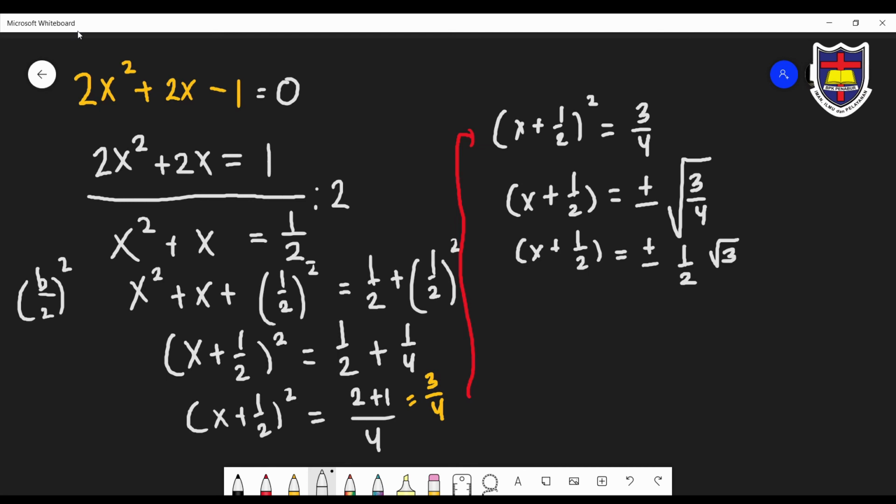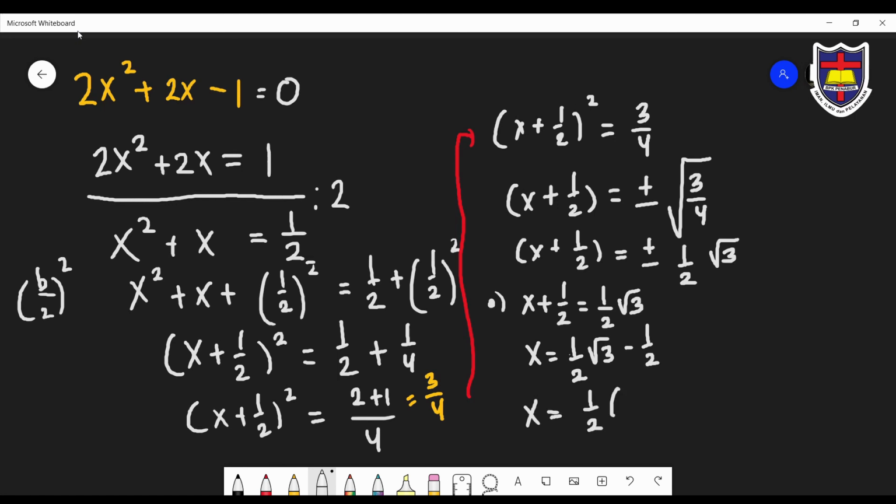Okay, so now we will find the roots of it. The first one is x plus 1/2 equals plus 1/2 square root of 3. So we have x equals 1/2 square root of 3 minus 1/2, so x equals (square root of 3 minus 1) over 2. So this is the first root.